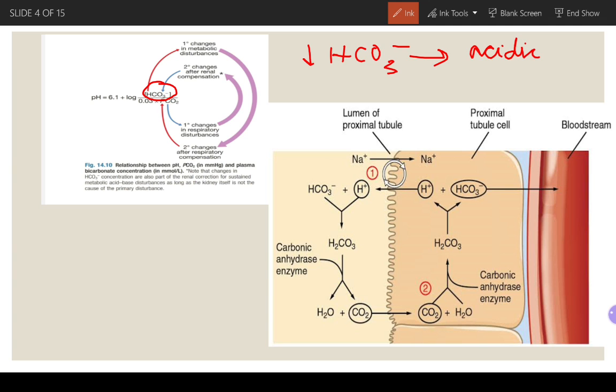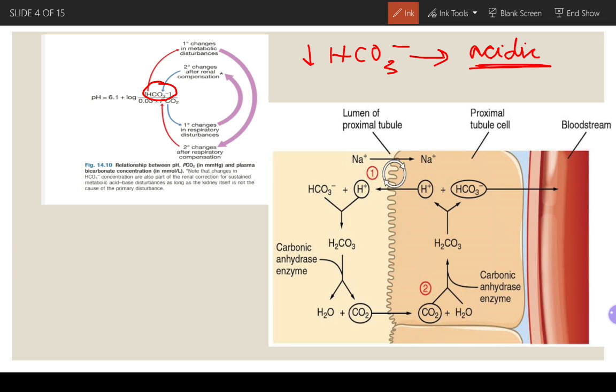When you have a relatively acidic environment, it affects the brain, and there are changes in the ventilatory mechanisms, that is in your respiratory mechanisms, which lead to a decrease in partial pressure of carbon dioxide.